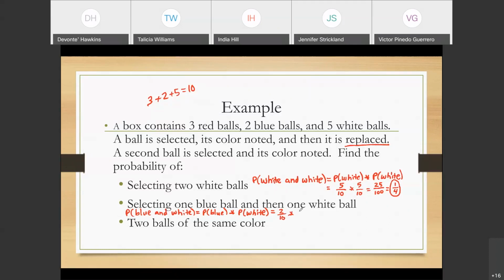We know that that's 5/10 for a white one. So 2 times 5 is 10 on the top. 10 times 10 is 100 on the bottom. And that will reduce to 1/10. Any questions on that one?